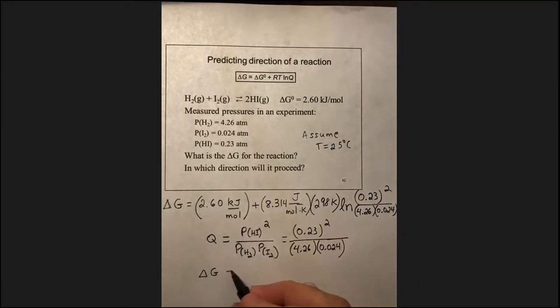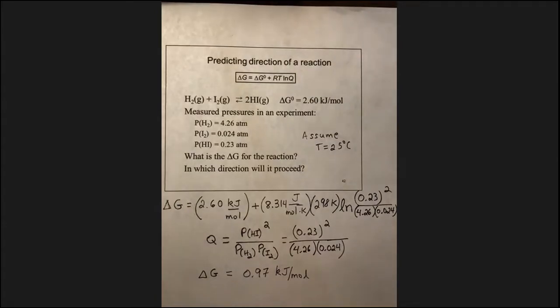So I think that you're going to get something like 0.97 kilojoules per mole. I think that's what you get.